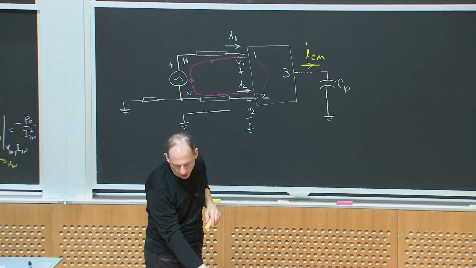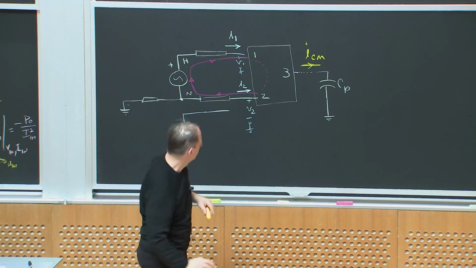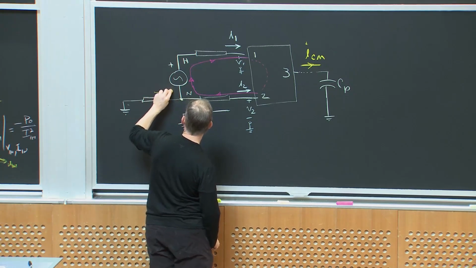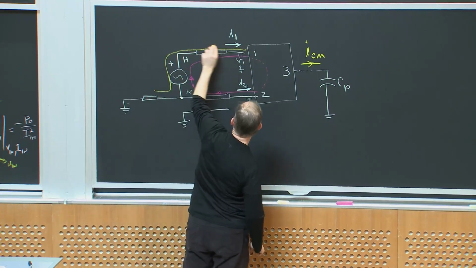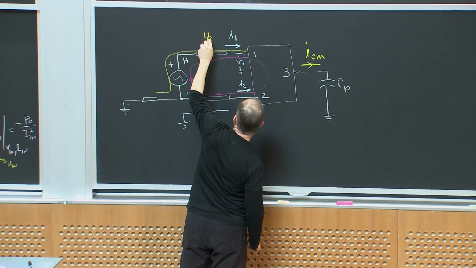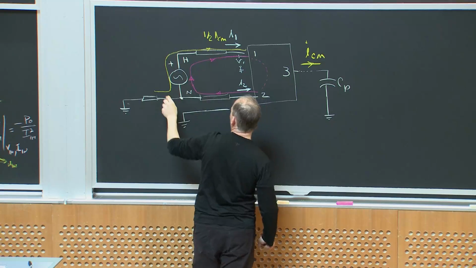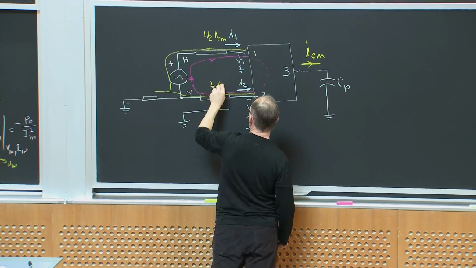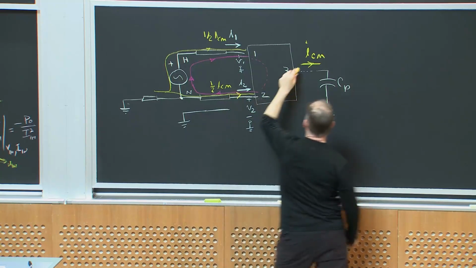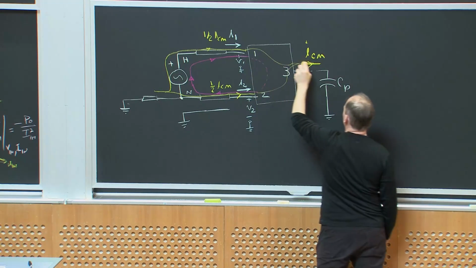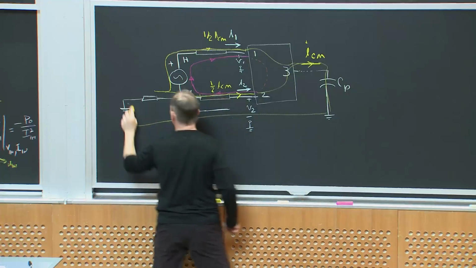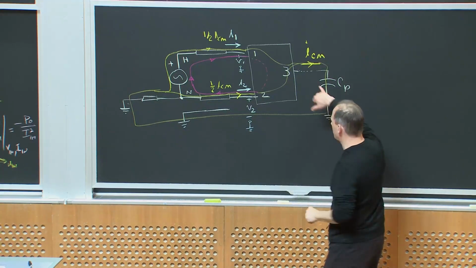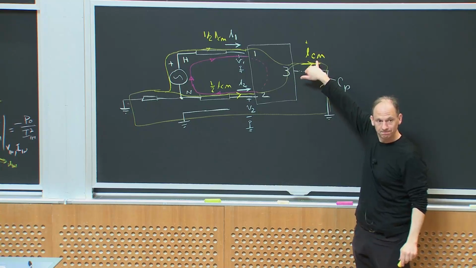I would think of this common mode current as flowing like this. Half of it is coming in this terminal, so this is 1/2 ICM. Half of it is coming through this terminal, this is 1/2 ICM. Then it comes out the other side of the device and returns to ground like this. This is what I'm thinking of as my common mode current.